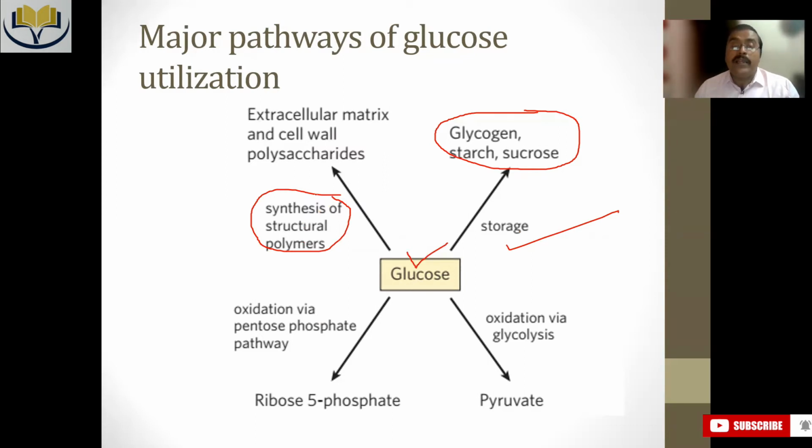A cell wall is a structural component of a cell, right? So, plant cell wall is made up of what? Mainly cellulose. Cellulose is a polysaccharide, which is a homopolymer of glucose. That is why different extracellular matrix and cell walls are made up of glucose or glucose derivative.